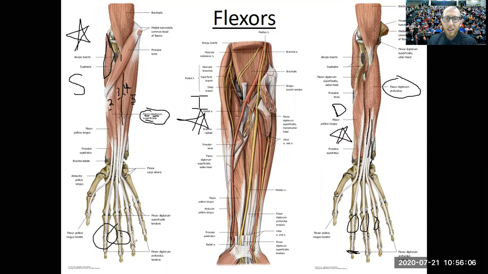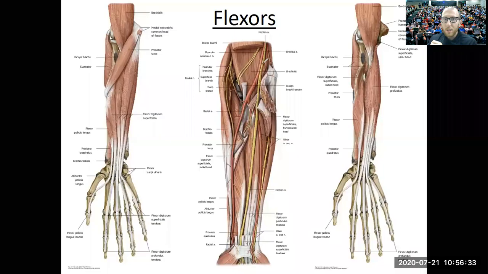The superficialis stops before that. So the superficialis is superficial. It actually stops at the middle phalanx, and the profundus goes all the way to the distal phalanx. A key distinction between these two. We'll look at that more closely very soon.